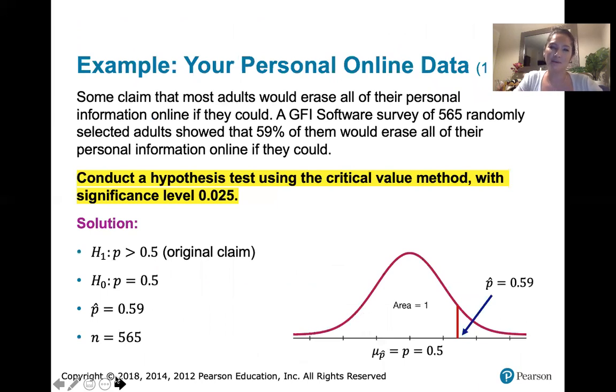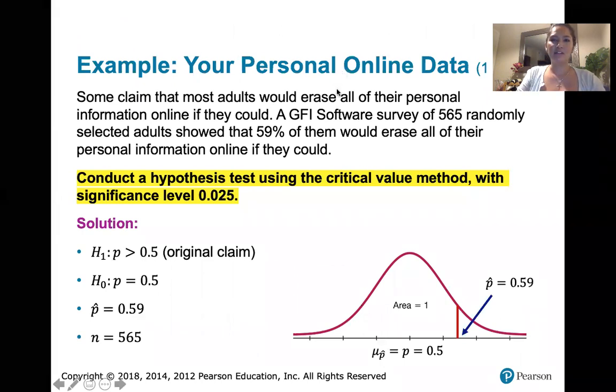So let's go back to our personal online data example. This time, we are conducting a hypothesis test using the critical value method, and the significance level that I've given you is alpha equals 0.025. So the first thing that we need to do every time you conduct one of these tests is state the original claim. Now, let's see, the original claim is right here.